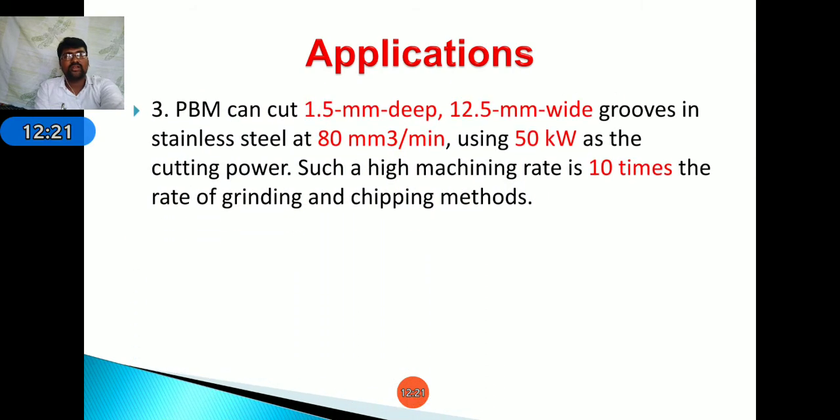Okay, next, PAM can cut grooves 1.5 deep and 12.5 wide in stainless steel at 80 millimeter cube per minute using 50 kilowatts as the cutting power, such a high machining rate is 10 times greater than the rate of grinding and chipping methods.